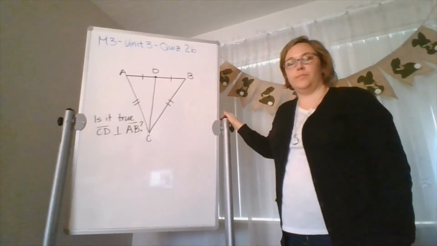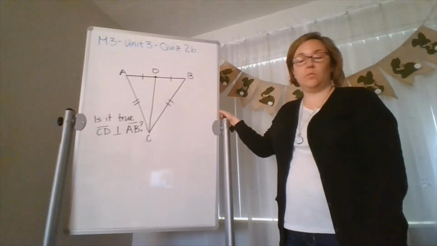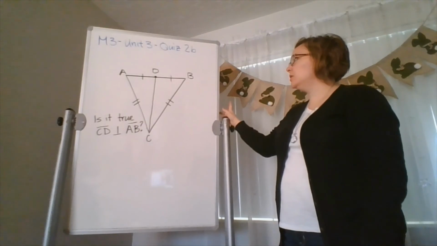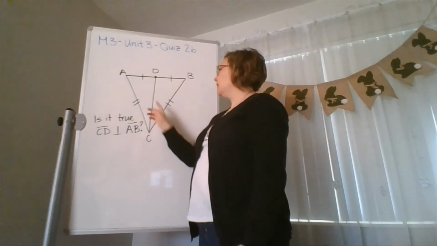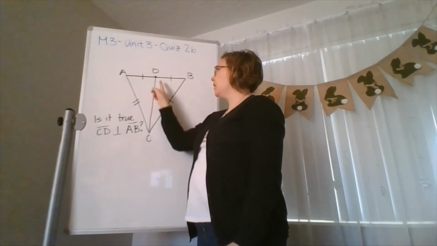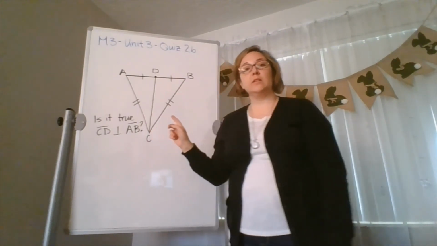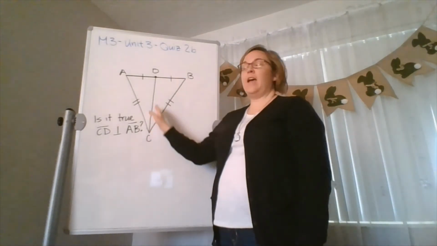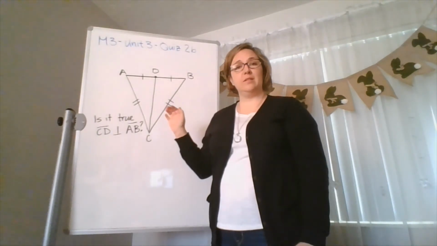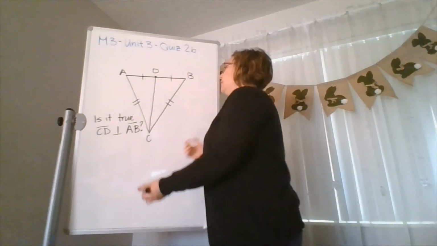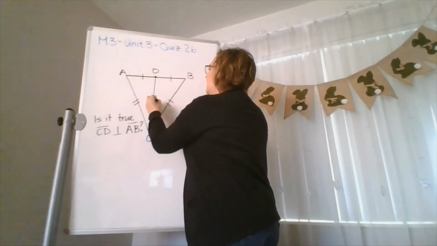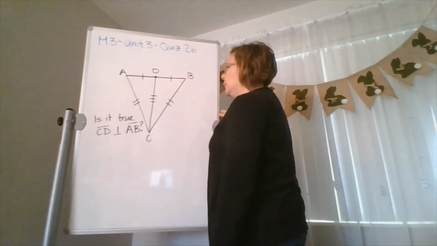Is that true? Well, let's do some work. Let's think about this. So we have two sides given to us. The third side, you can see these have been split into triangles by line CD. Just like the last problem we went through, if they have a common side, that common side is always congruent to itself. So we can say that that side is congruent to itself.